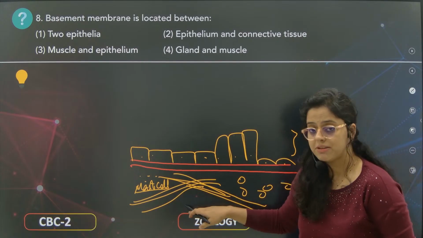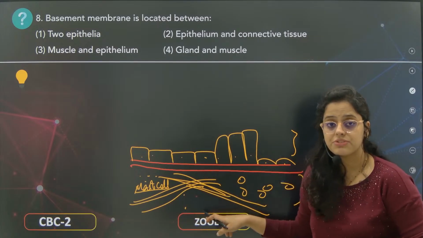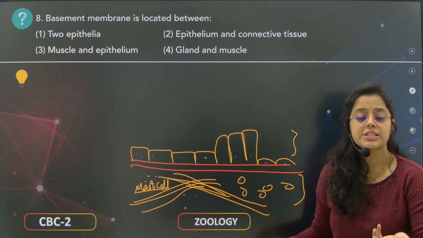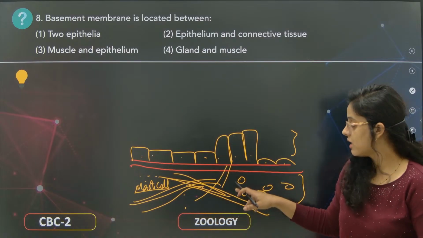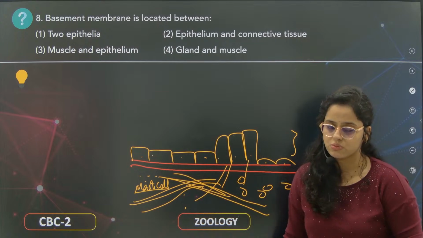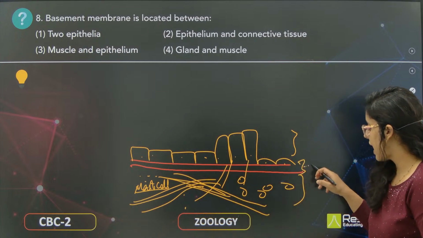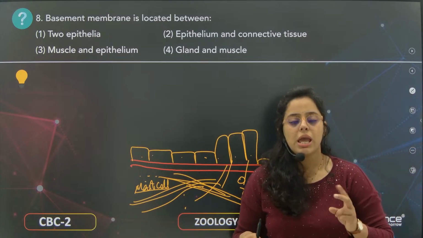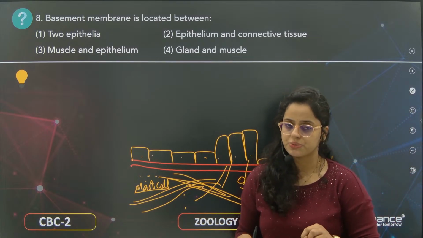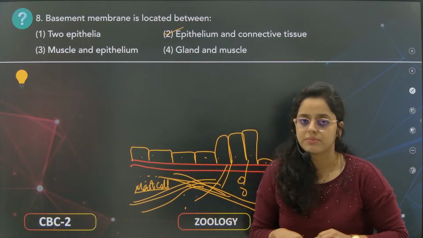Connective tissue has blood supply, blood vessels and nerve supply, because epithelial tissue doesn't have blood supply or nerve supply; these blood vessels give nutrition to the epithelial layer also. And in between they have the basement membrane. So it is basically present between epithelium and connective tissue. So the answer is going to be the second one.